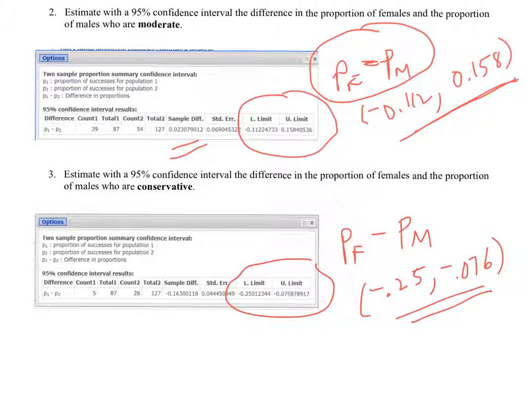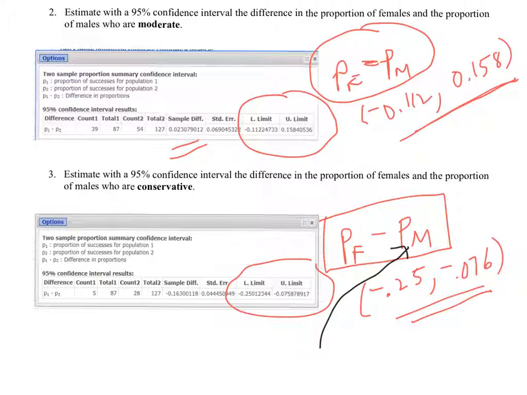See that this interval only contains negative values, and think about what that means. If you take two numbers and subtract them and you get a negative value, it must mean that the second value you're subtracting is greater. So that means we have a higher proportion of males who are conservative than females.